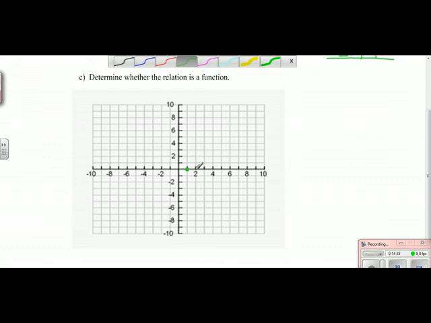When x was 2, y was positive 1 and negative 1. When x was 5, y was positive 2 and negative 2. And so it appears that I'm going to have some sort of a curved shape that does something like that.